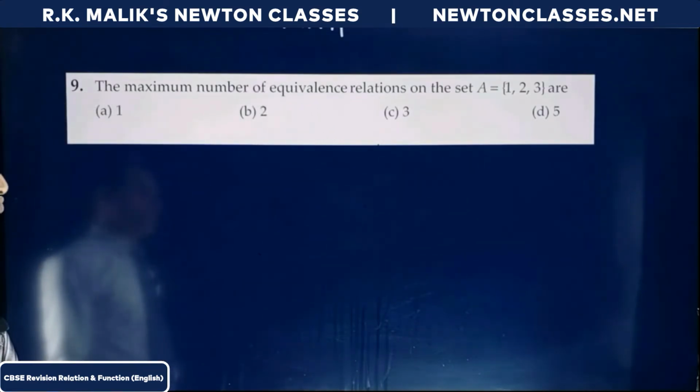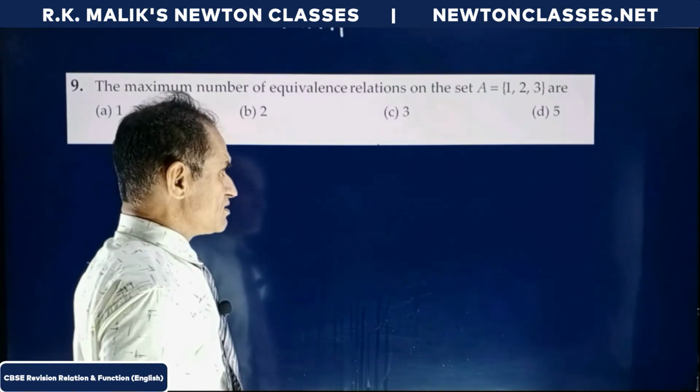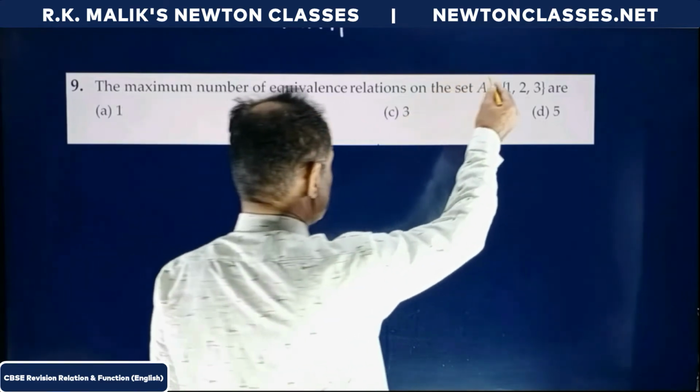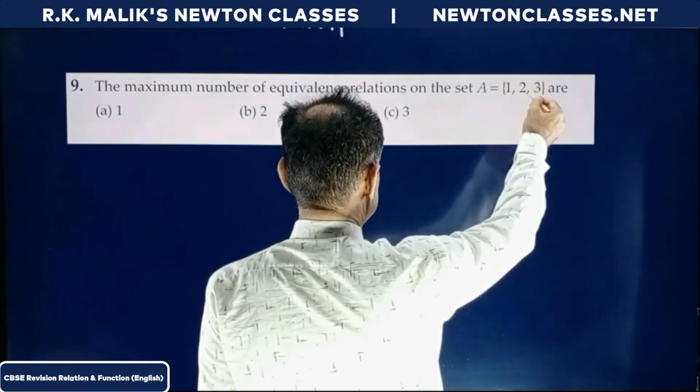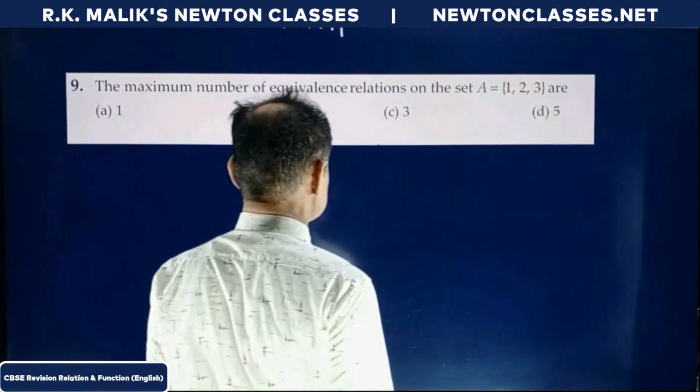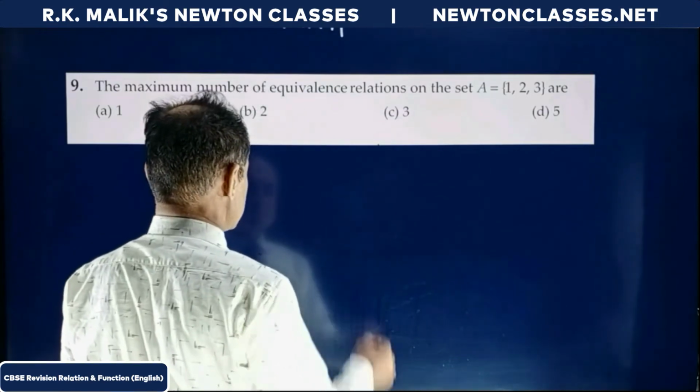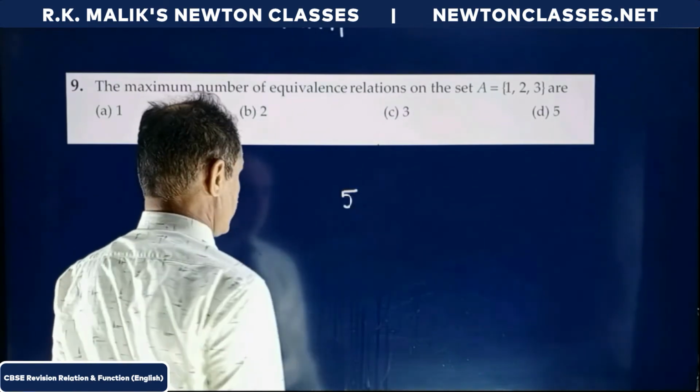One way of doing this question is to make all possible equivalence relations, but that is time taking. But it is an objective question. For an objective question, I will just say, remember this result, that if there are 3 elements in a set, the number of equivalence relations defined on that set is 5.